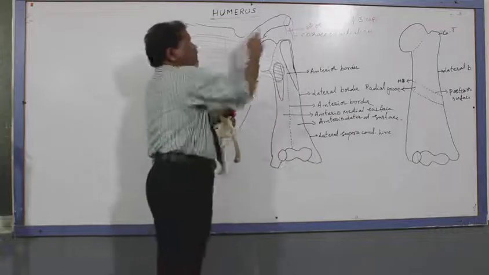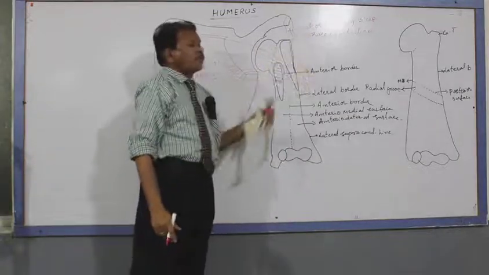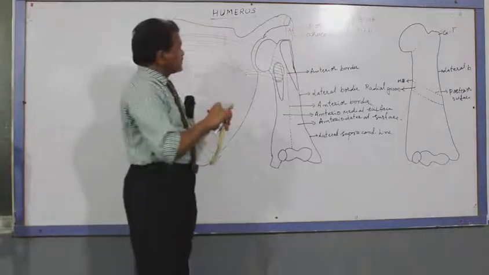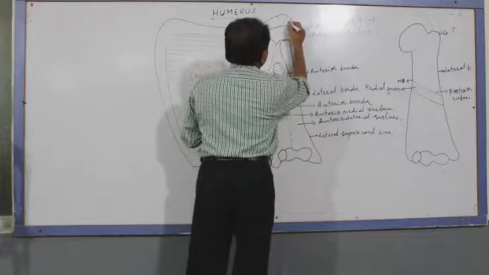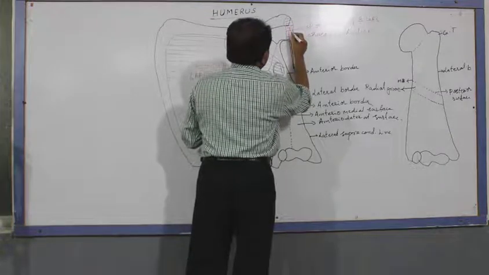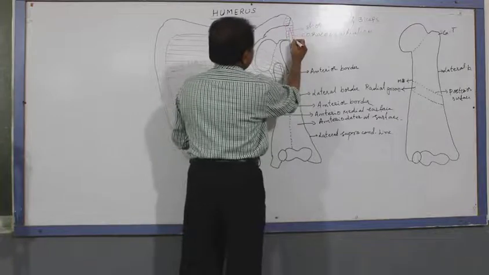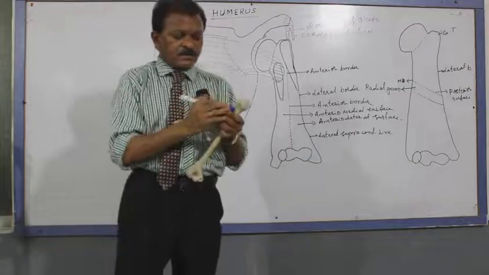The tip of the coracoid process of the scapula gives origin to the short head of the biceps and the coracobrachialis muscle. These two muscles arise from the tip of the coracoid process: the coracobrachialis and the short head of the biceps brachii.